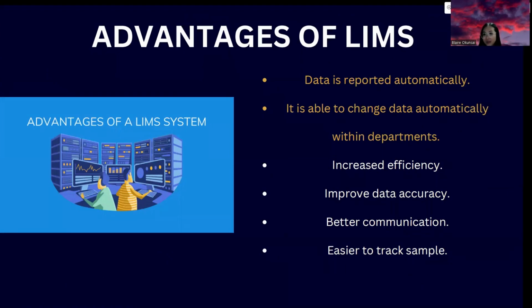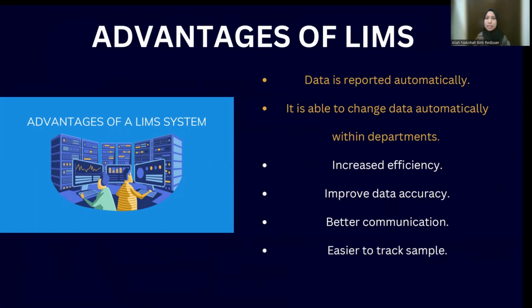Thank you, Blaire. Okay, so I'm going to explain the advantages of LIMS. As you can see here, I've highlighted 2 points in yellow because these 2 points are the major benefits of LIMS.